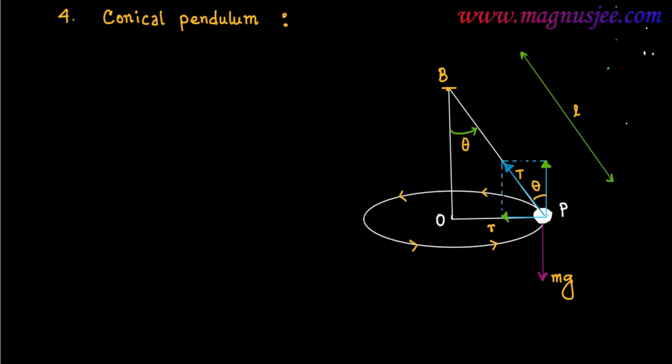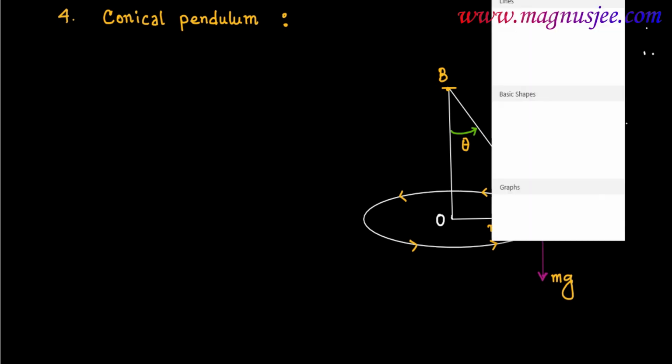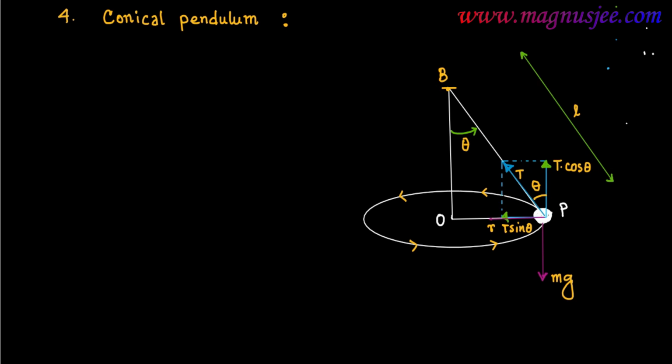Now 2 rectangular components of the tension T are T cos theta which acts vertically upwards, and T sin theta which acts radially inwards in horizontal plane. And this rectangular component T sin theta supplies the necessary centripetal force Fc. Magnitude of them will be same. Fc is the centripetal force which acts radially inwards and supplied by the rectangular component T sin theta.